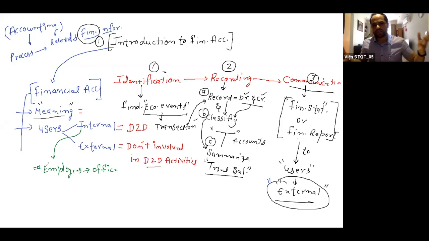Whoever is working is an employee of the company, but I'm trying to differentiate between the people working in an office and in a factory. And labor, the people who are working in a factory. So the people working in a factory or an office are internal users.